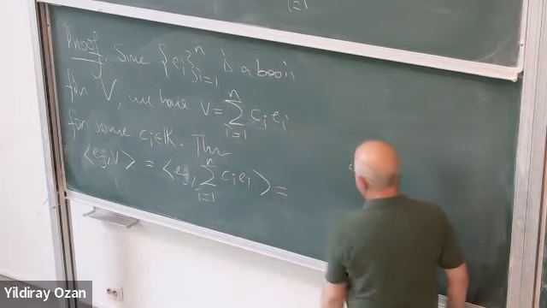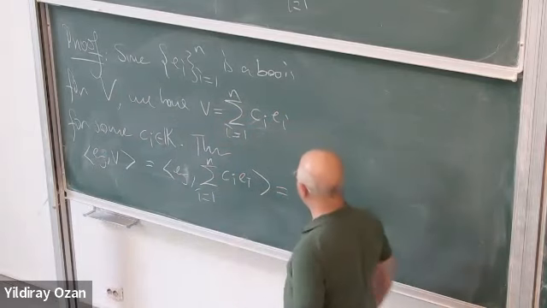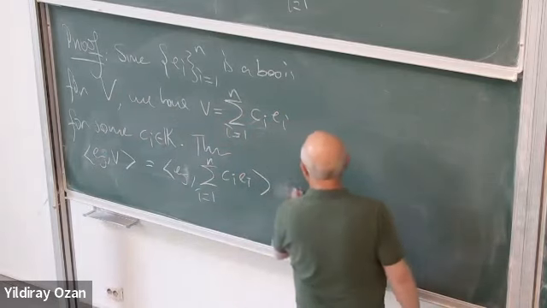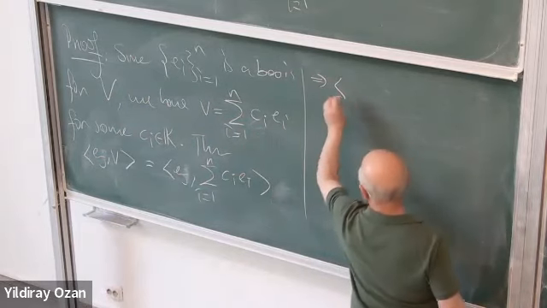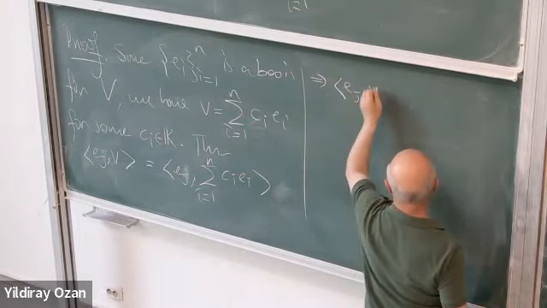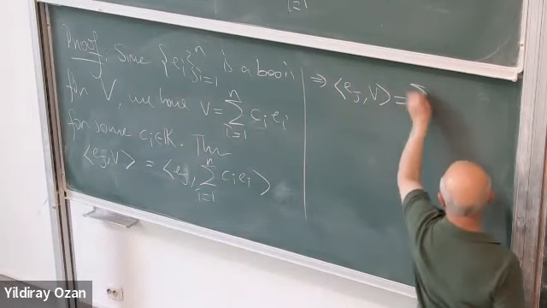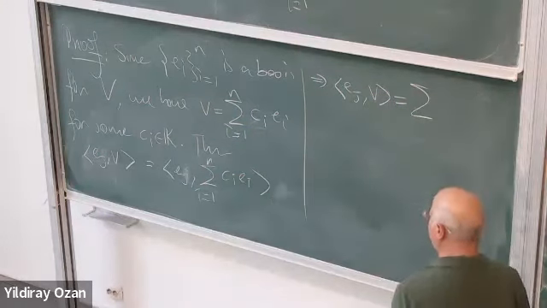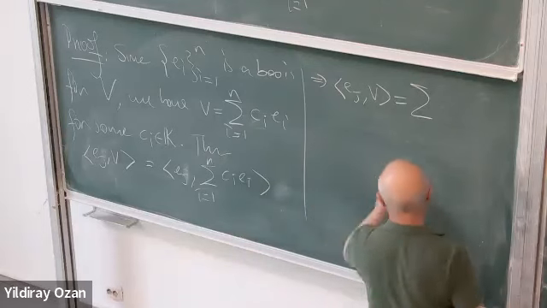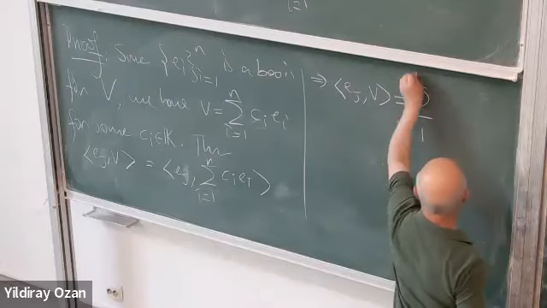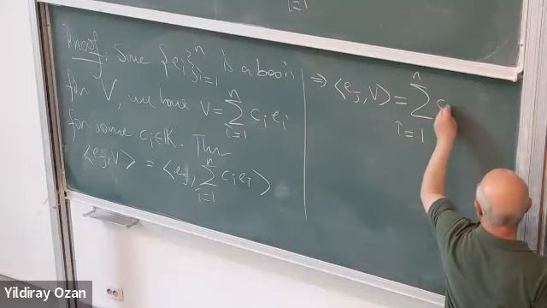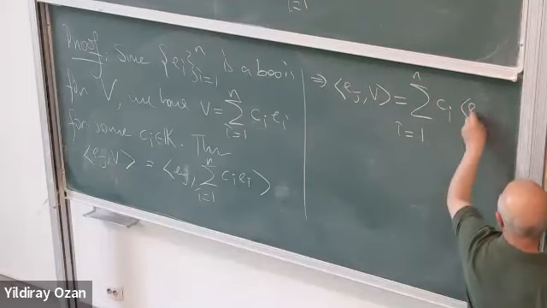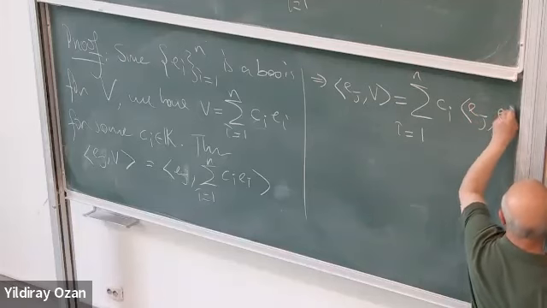Again, since this inner product is linear, we see that the inner product of ej with V is equal to the summation. I can take the summation sign outside, from 1 to n, ci, and then here I have ej and ei.